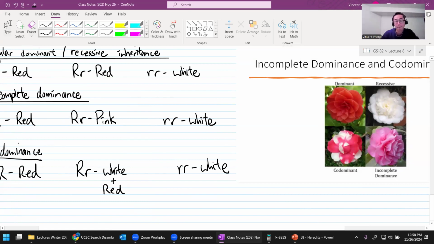So human blood type is an example of codominance. If you inherit type A from mom and type B from dad, you're going to be type AB. Okay? We'll learn more about blood type next semester in the second week, actually.